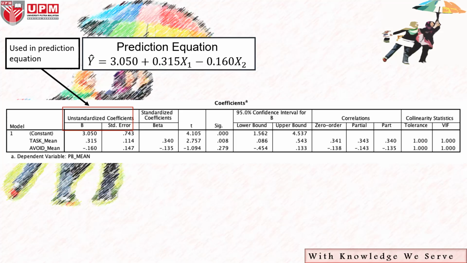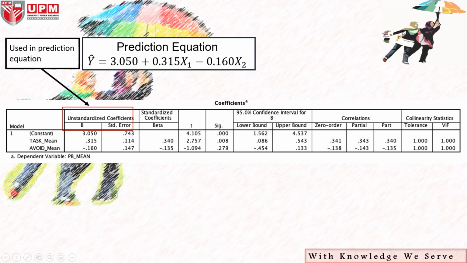The constant that we have here is 3.05. For B1, 0.315 for X1, and for avoidance, or X2, it is negative 0.16. So we plug the values into our equation: y hat equals 3.05 plus 0.315 X1 minus 0.16 X2.